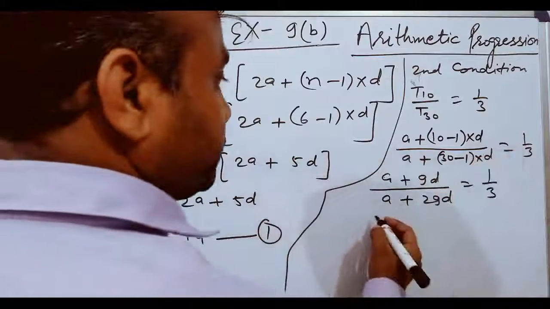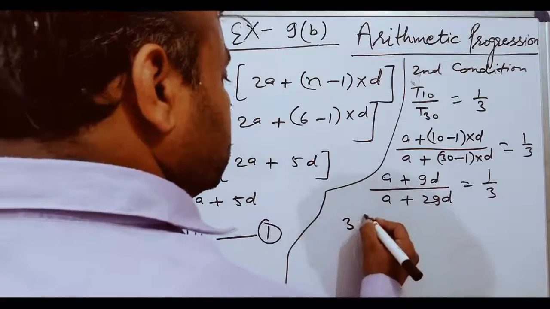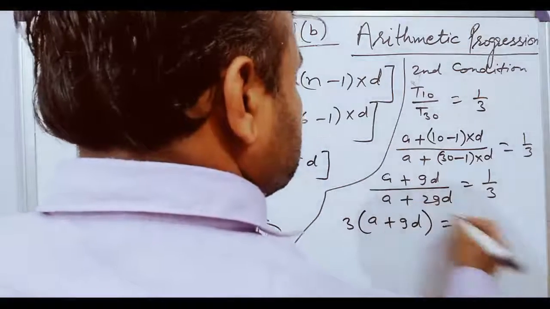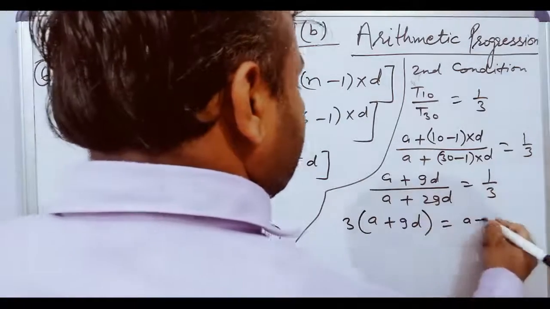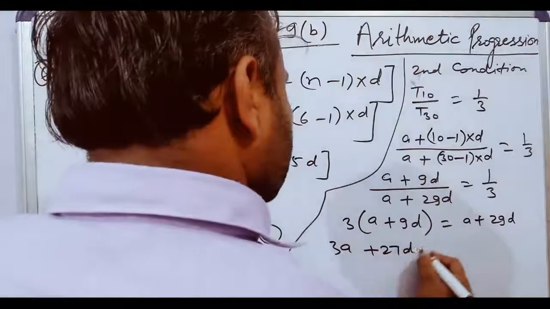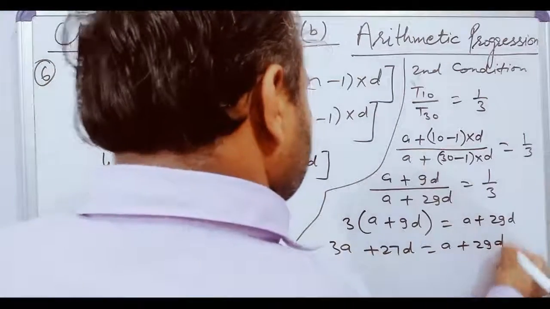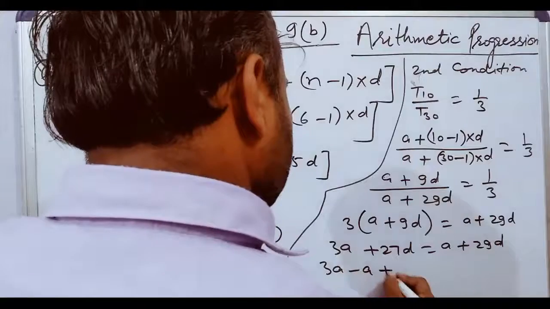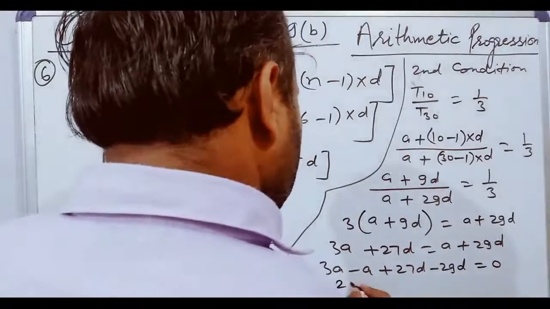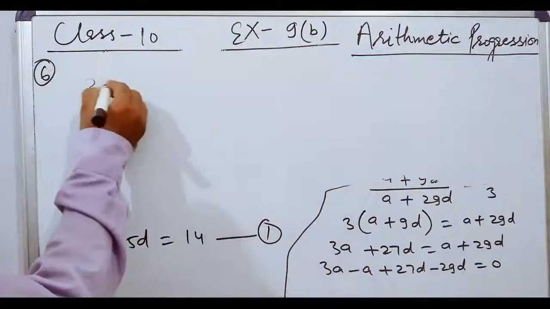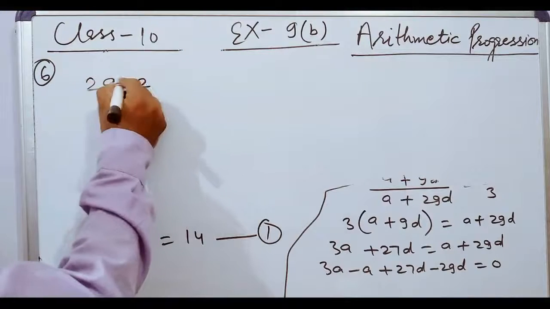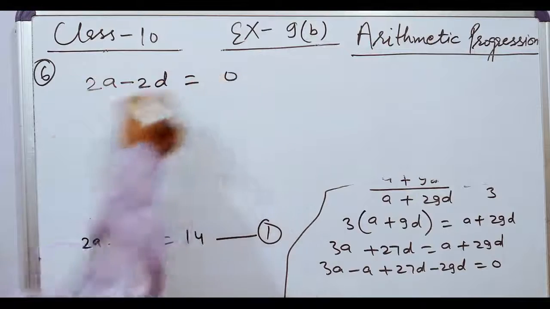Cross multiplication: 3 into (a plus 9d) equals a plus 29d. So 3a plus 27d equals a plus 29d. 3a minus a plus 27d minus 29d equals 0, that is 2a minus 2d equals 0.